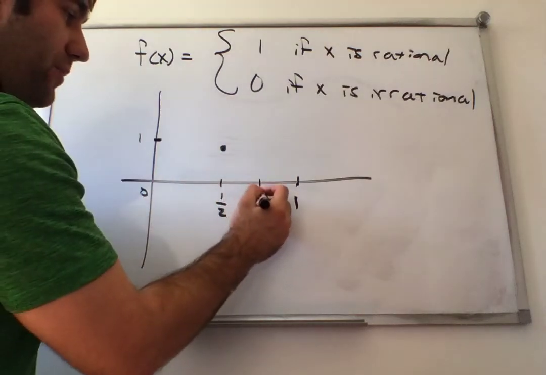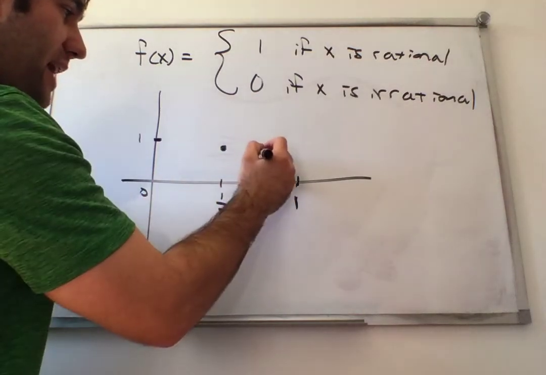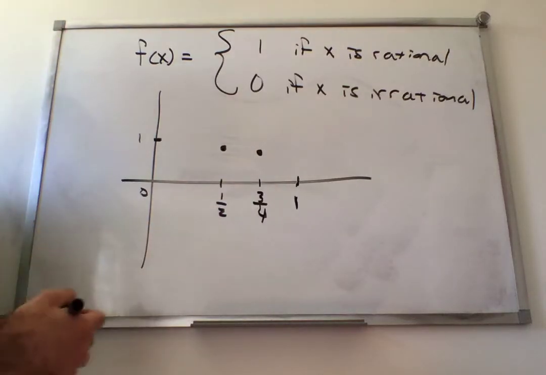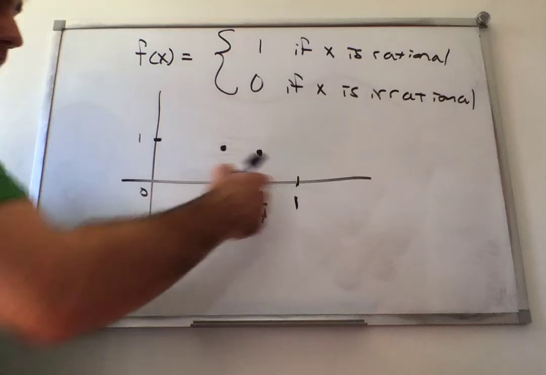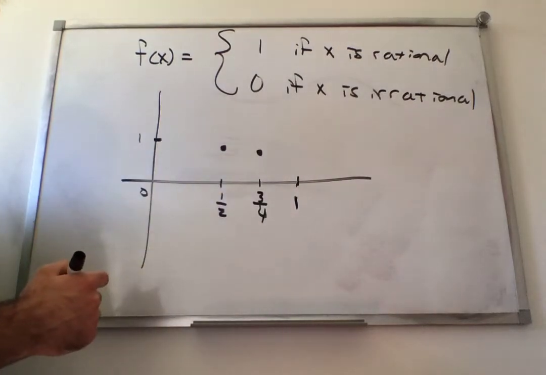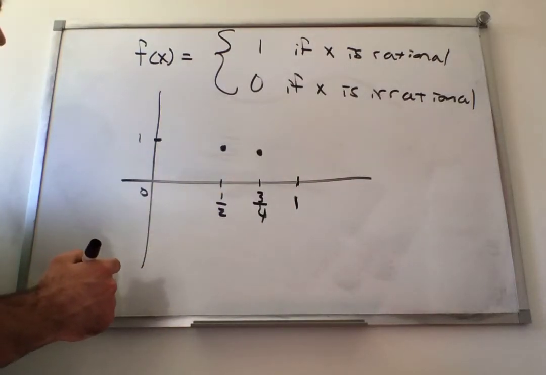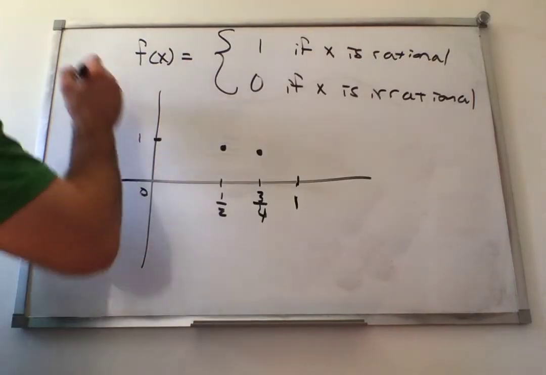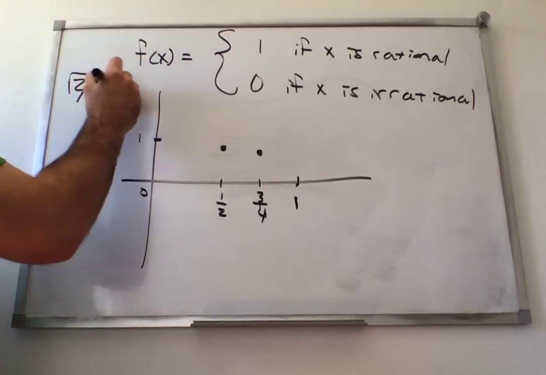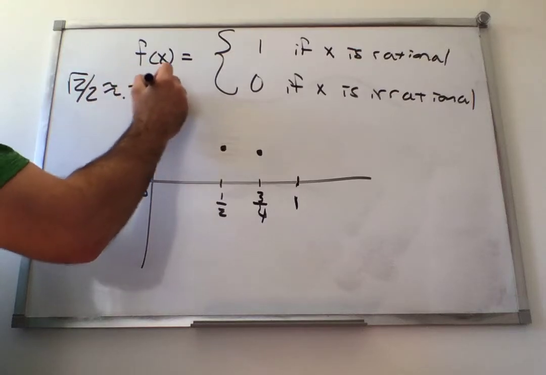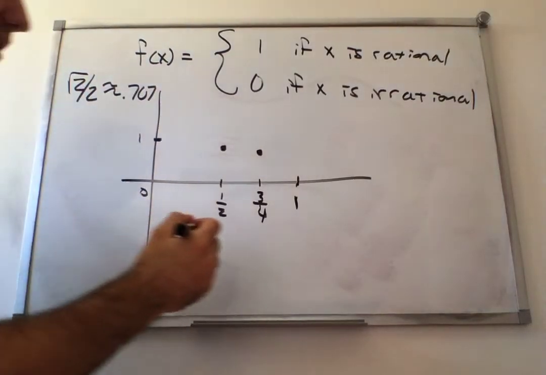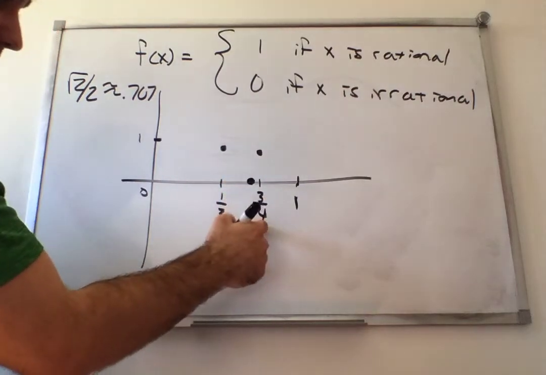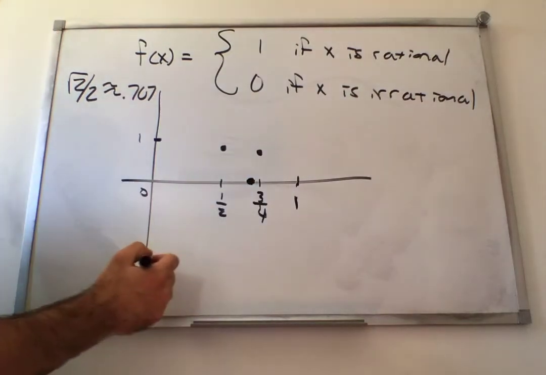At 3/4, there'd be a dot up here. At every single spot where there is a rational number, there'd be a dot. Now if I look at a number like root 2 over 2, it is approximately 0.707, but it's an irrational number. 0.707 is about right here. This is 0.75, so it'd be right here.